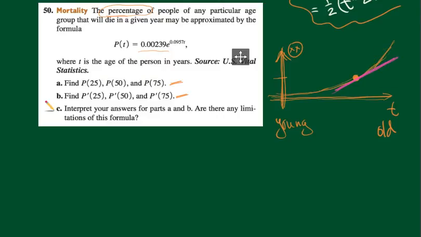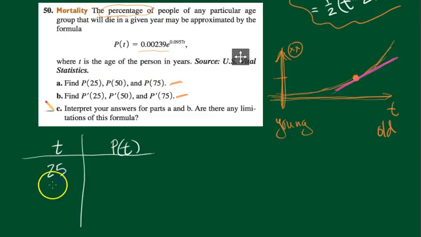Okay, well, let's start with finding these function values. So we have t and p of t, and the only rational thing to do here is to use a calculator to plug in.